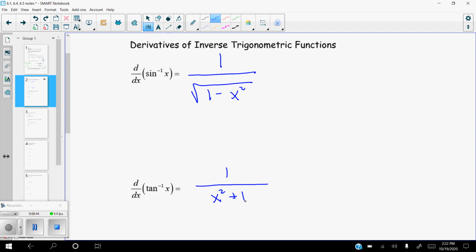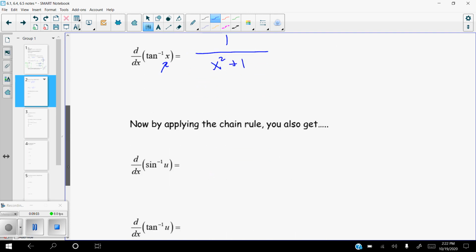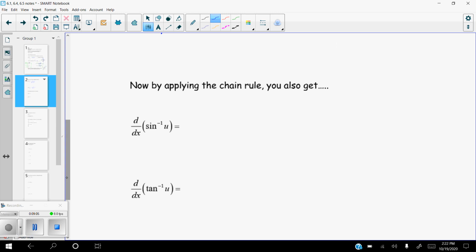Now, this is okay as long as these are just x. As soon as we put something else in there other than x, some other function of x, like maybe it's inverse sine of 5x squared, then the chain rule comes into play. So that's where we're going to scroll down to here. If we say that u is some function of x in this case, that means you're going to have to apply the chain rule.